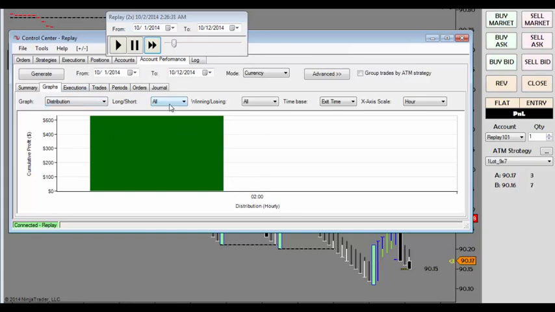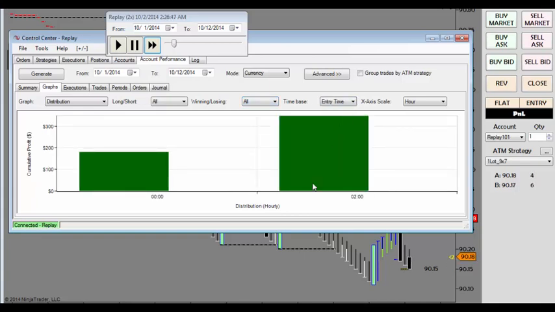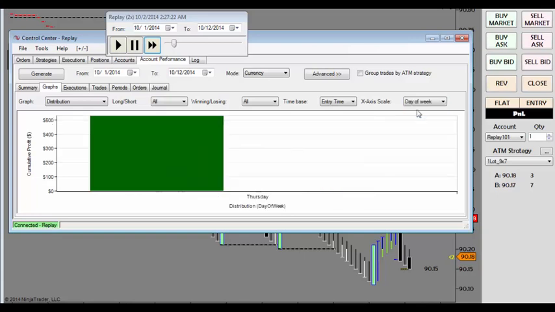Number 2, make sure that you've got all, long and short, all on winners and losers, and then come here and look at the entry time. Right now I'm noting the hour. So right here it shows 00, which basically is midnight, and then this is 2 a.m. So on the trades that we entered here, we made money, and on the trades that we entered here, we made money.